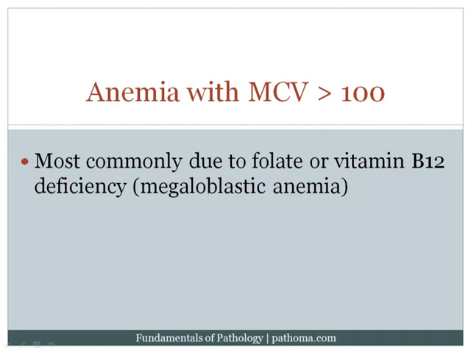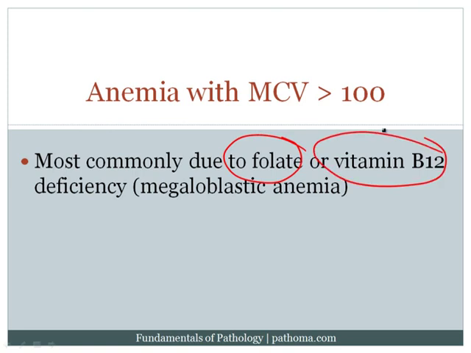Now this then raises the question of what are the major causes of macrocytic anemia. And of course the major causes of macrocytic anemia will be those that are related to the production of DNA precursors. And so the two most common causes are folate deficiency and vitamin B12 deficiency.